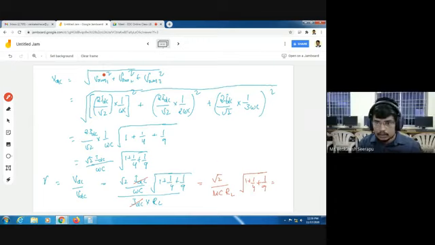Yes, 1.64. The value is 1.64 by omega C RL. So this is the ripple factor value of a rectifier with a capacitor filter.